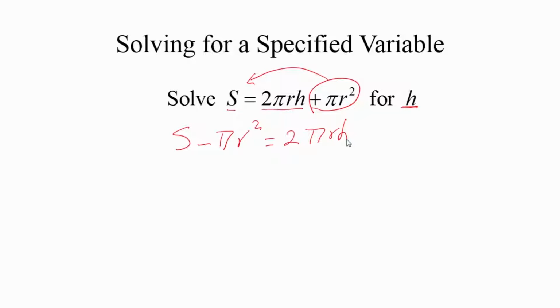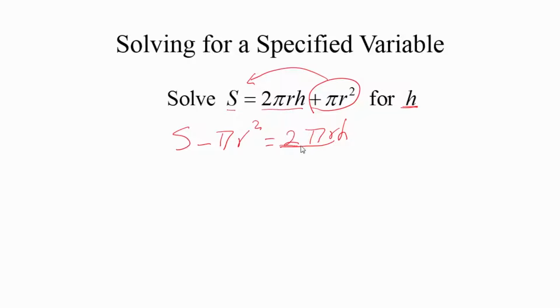That's the first thing. Second thing, divide both sides by the coefficient of h. Everything else we treat like a constant now. So what is the coefficient of h? The coefficient of h is this whole thing.